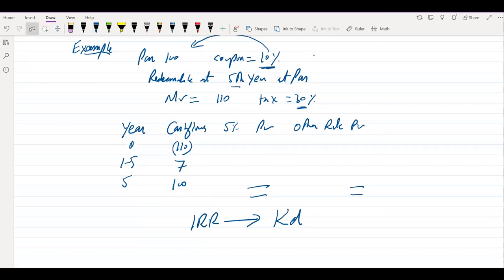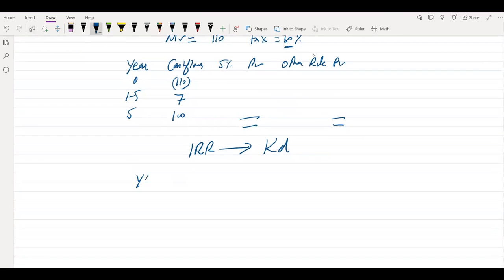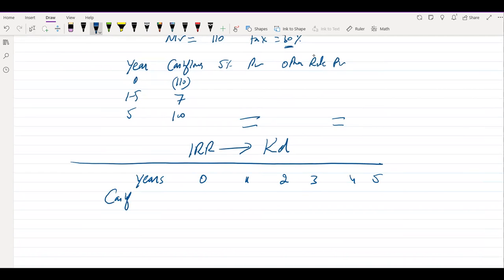But thank God we have Excel now in ACCA. So what is the best way to solve this? Simply write years 0, 1, 2, 3, 4, 5. Write the cash flows here. Market value 110. Interest 7, 7, 7, 7.